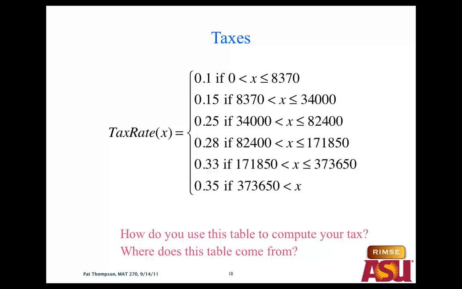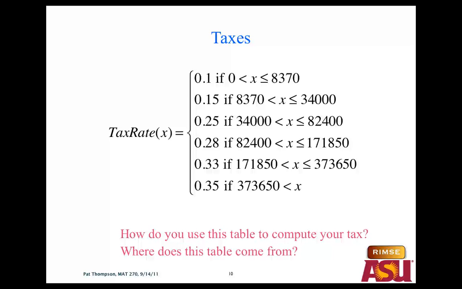What's your tax rate for those first $8,000 made? 10%. Everyone's going to pay 10% on that. And then somewhere along the way, maybe April, May, you're going to hit 34,000. So those dollars from 8,000 to 34,000, you're going to pay 50% on those dollars. This is how it works.